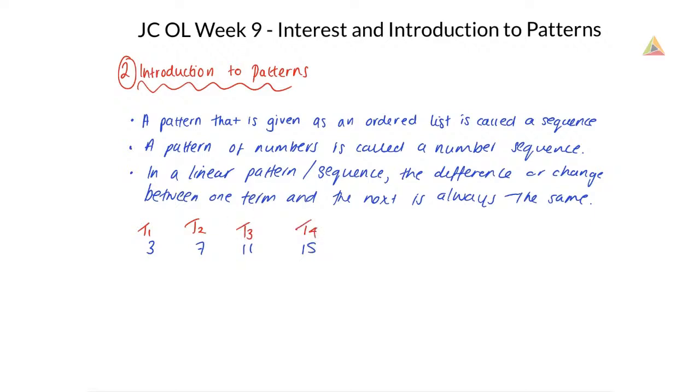Now if we were to look at the difference between the terms, the difference between 3 and 7 is adding 4. The difference between 7 and 11, you're adding 4. The difference between 11 and 15, again, you're adding 4. So this is a linear sequence because the difference between the numbers is the same.